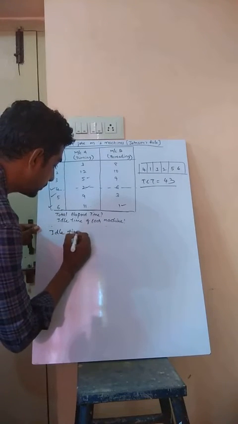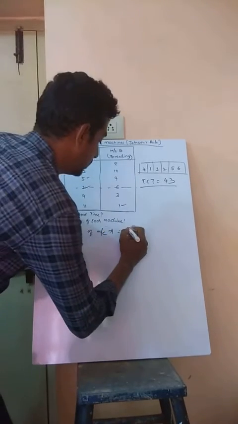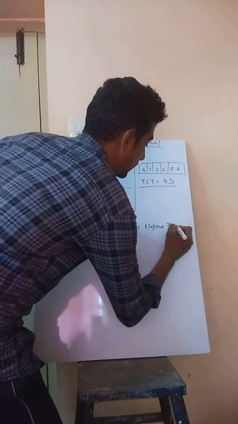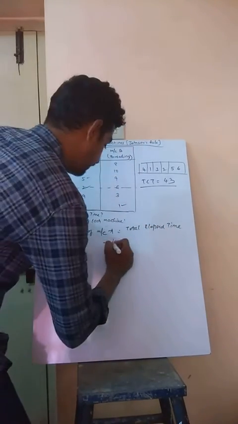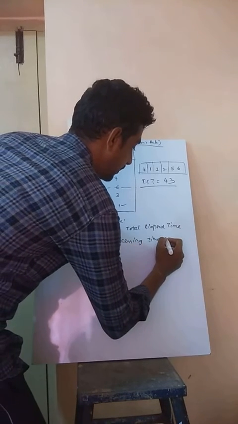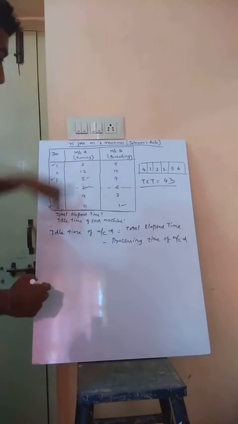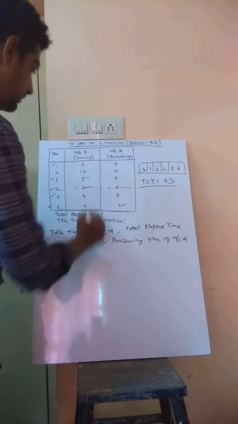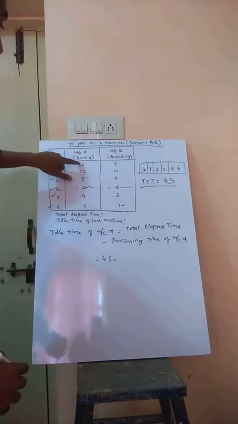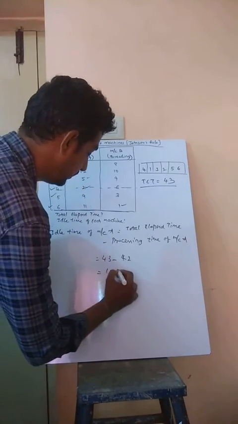Idle time of machine A is equal to total elapsed time minus the processing time of machine A, meaning the total time taken on machine A. That is 43 minus 42, the total on machine A. So it is 1 hour.